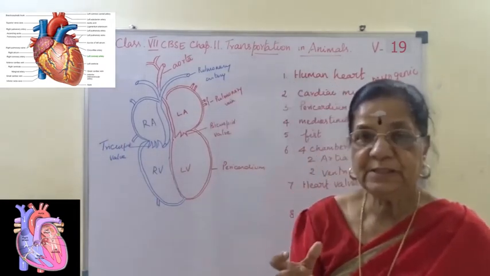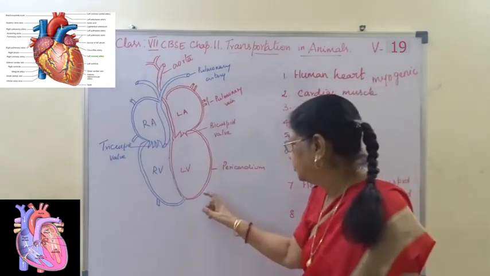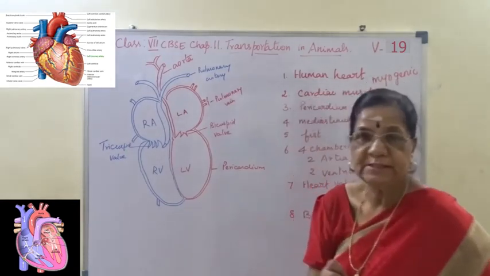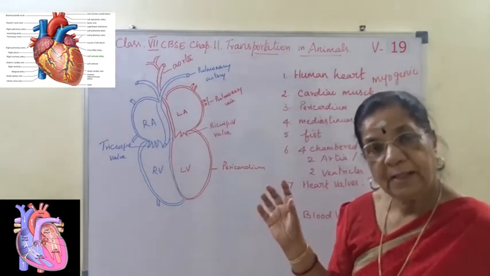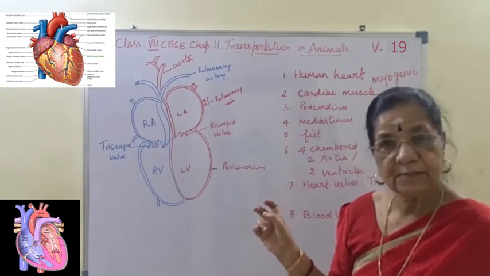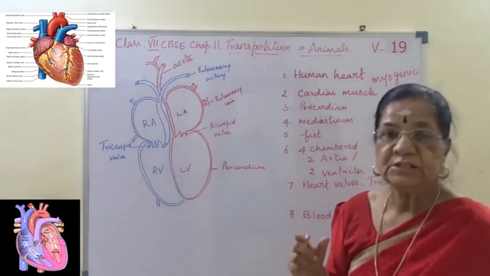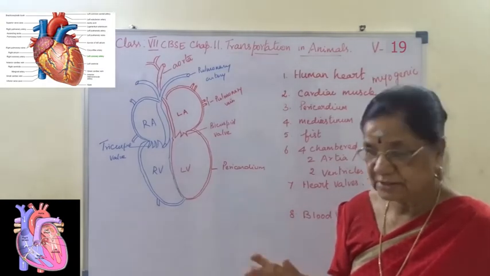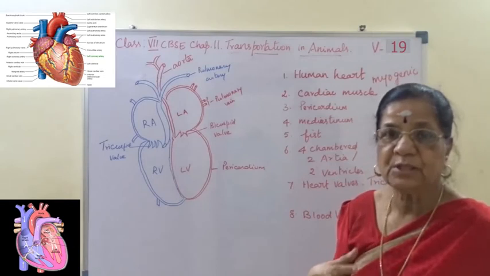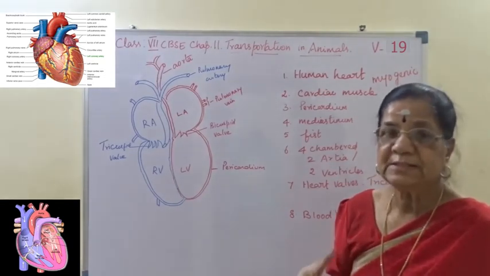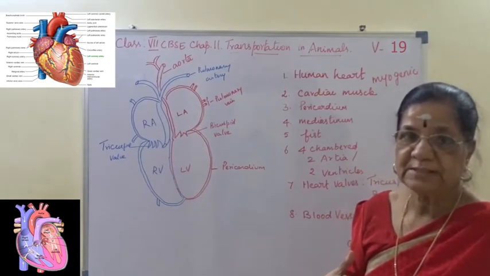It is filled with a fluid called pericardial fluid, and it acts as a shock absorber. So any sudden good or bad news or any disturbance to the heart, first it acts as a shock absorber. I hope you understand.